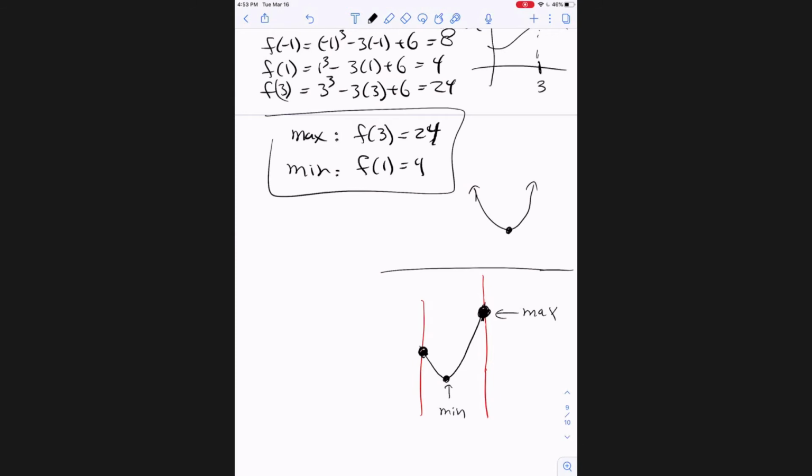Now, notice how I said you have to have a closed interval, because if it was an open interval and you have that, where's the max? Let's just say this is x equals 5 and this is x equals 2. Where's the max now? Because 5 is not in the interval, you can't say 4.9, because if you say the max is at x equals 4.9, well, what about 4.99?